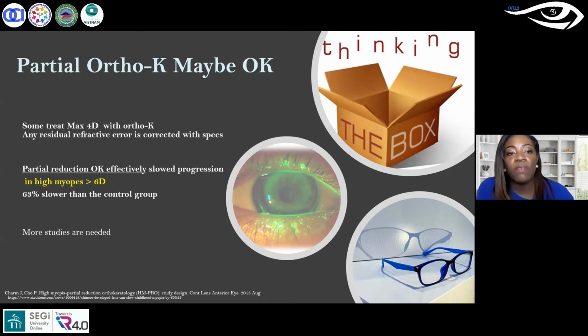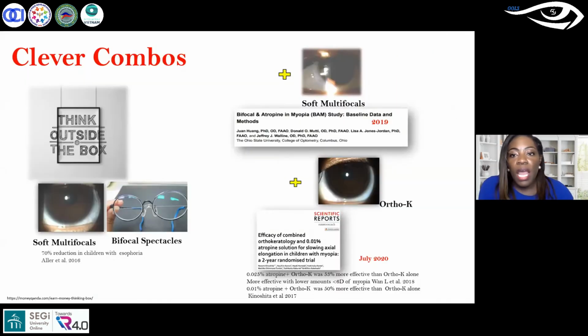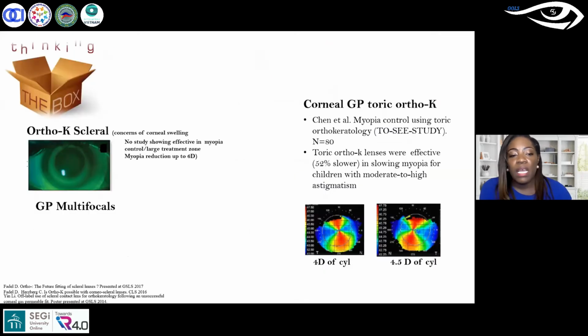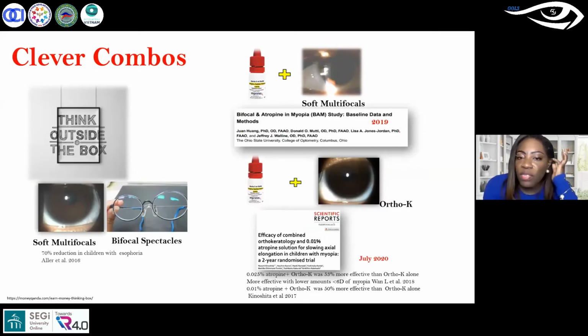I know some practitioners even correct refractive error higher than this. I've even seen 10 diopters with ortho-K, but if you want to stick with those guidelines and are concerned about decentration or staining, this is actually an option. There are many combo options out there that have been studied: atropine with soft multifocals, ortho-K and atropine, and even soft multifocals and spectacles as well, all with great outcomes as far as efficacy.